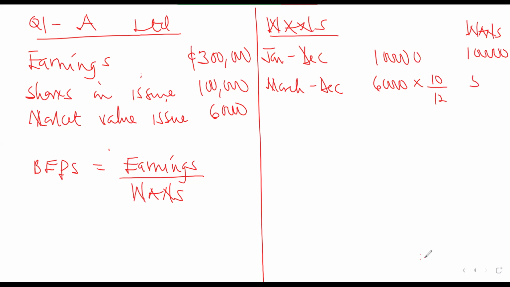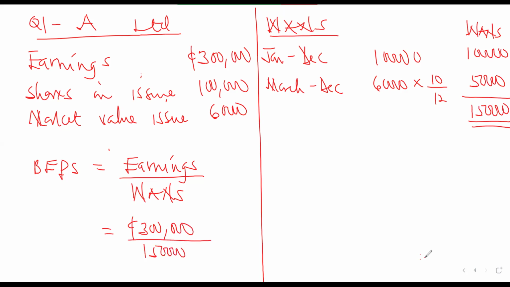So our weighted average will now be 150,000. So our earnings will be 300,000 divided by the 150,000 shares. That gives us 2 cedis per share.